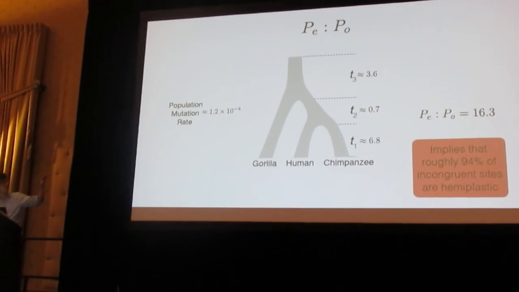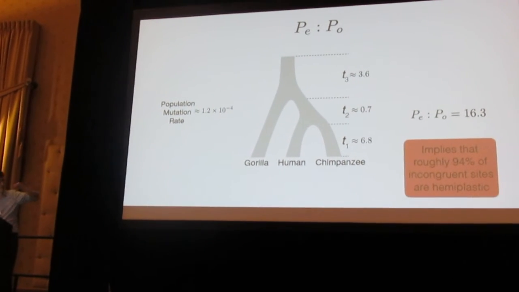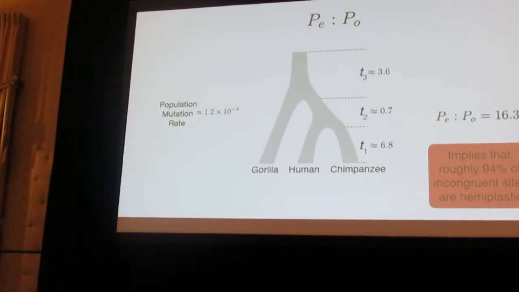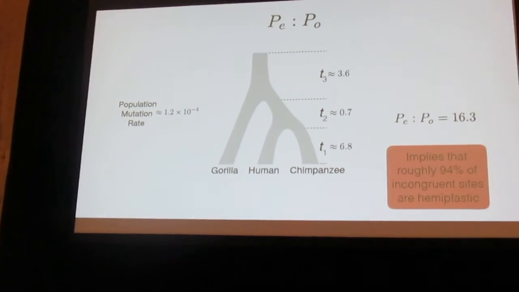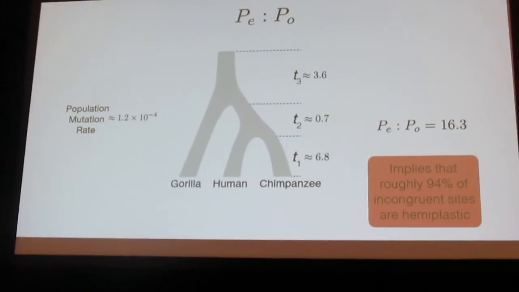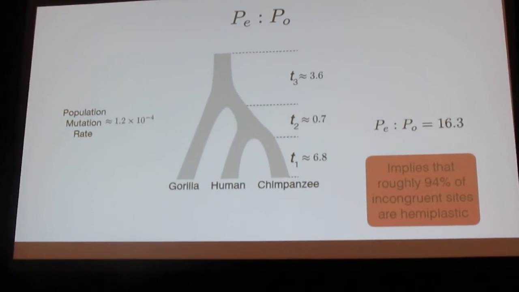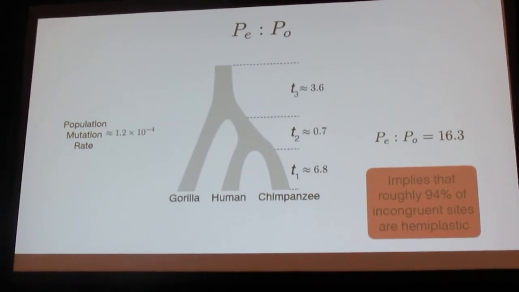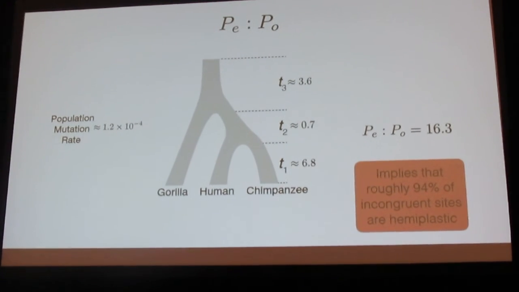And so using that mutation rate that you see and those values for the branches, we can infer a ratio of PE to PO, or hemiplasia to homoplasia, of 16. That doesn't really say much, but you can flip it around to say that roughly 94% of bases or nucleotides that you would see with that pattern are actually hemiplastic.